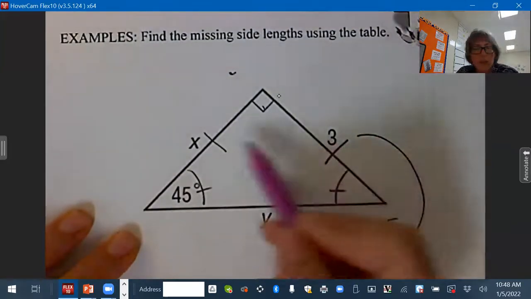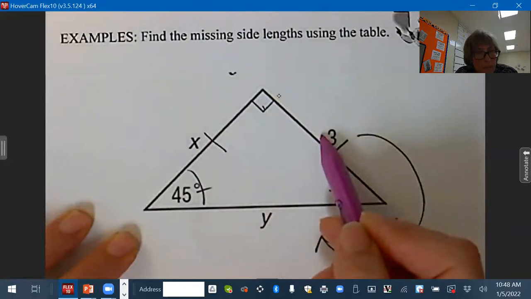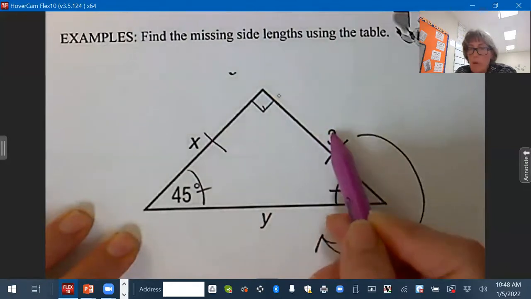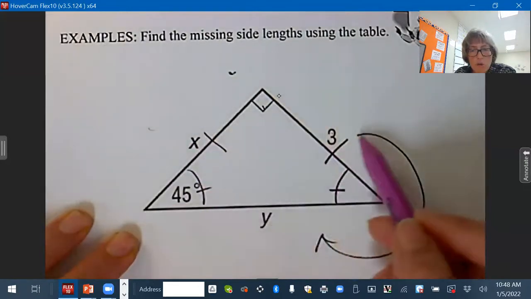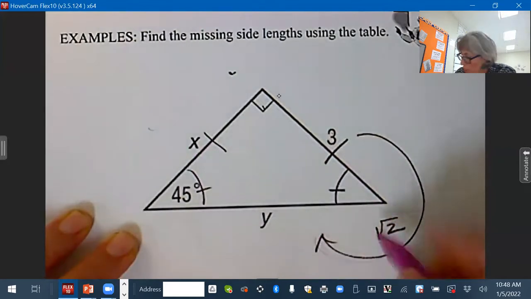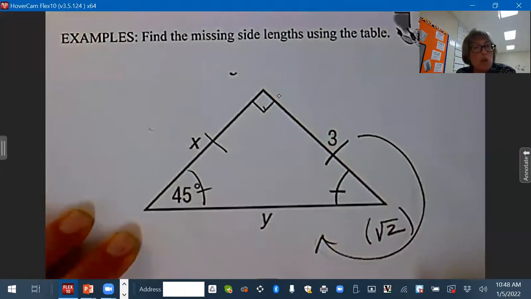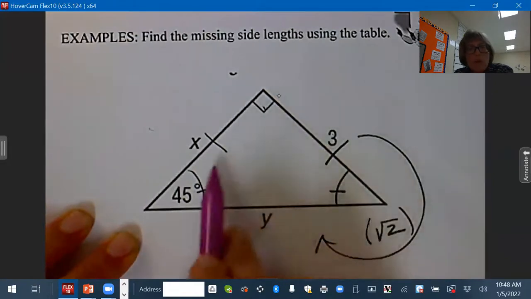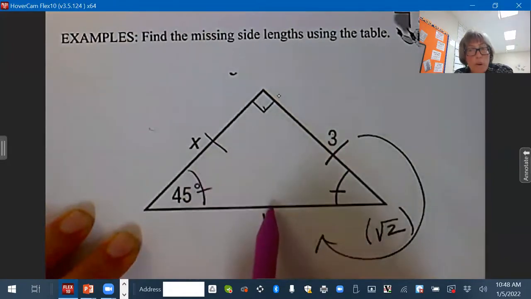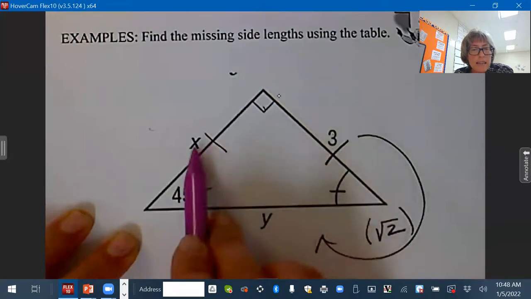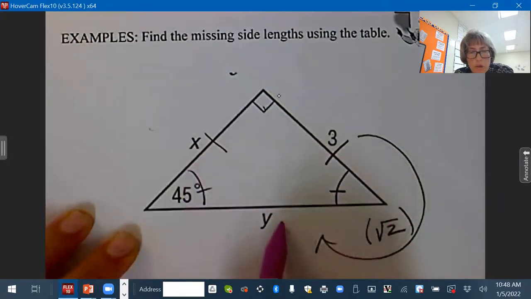So step 1 is I mark the legs equal. Then, from either leg, since they're equal, you draw an arrow going to the hypo, and it's times root 2. So we're going to solve for our variables.